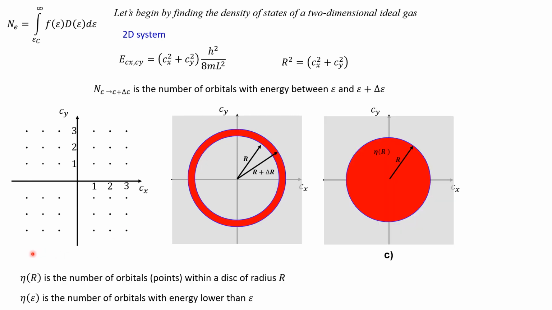And to do that, we can define a function eta of r as being the number of orbitals, or the number of points, within a disk of radius r.